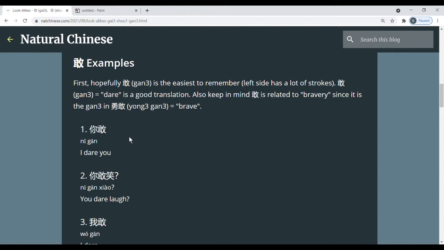A context where you might use this would be like your friend is threatening you and might drop something valuable that could break, and they're saying, oh, if you don't do this, I'll drop it. And you can say 你敢, like I dare you to drop it. I feel like this use would be pretty common, so I had it first.